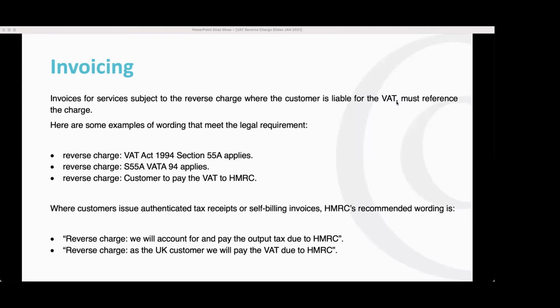If an invoice is for multiple services, the customer must be able to identify the reverse charge goods or services. Under the VAT Regulations 1995, invoices for services subject to the reverse charge where the customer is liable for the VAT must include the reference reverse charge. Examples of wording that meet the legal requirement are referred on the slide.